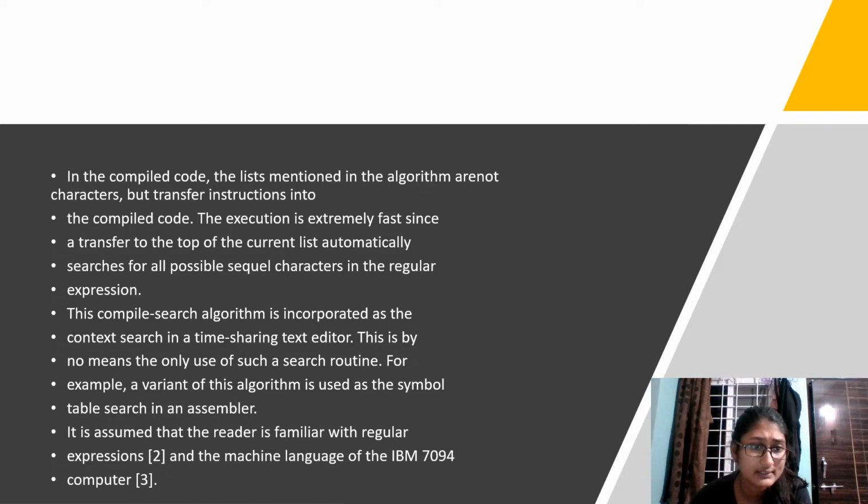This compiled search algorithm is incorporated as a context search in a time sharing text editor. This is by no means the only use of such a routine. For example, a variant of this algorithm is used as a symbol table search in an assembler. It is assumed that the reader is familiar with regular expressions and the machine language of the IBM 7094 computer.